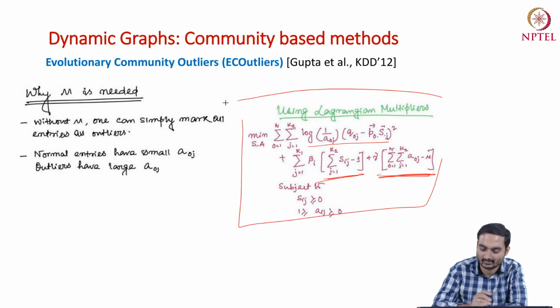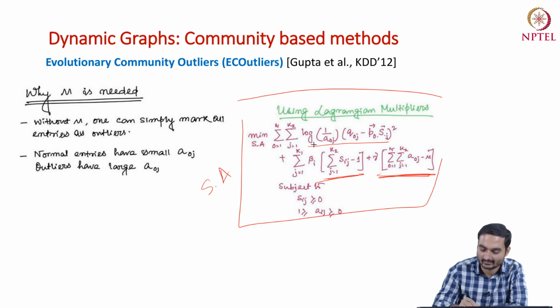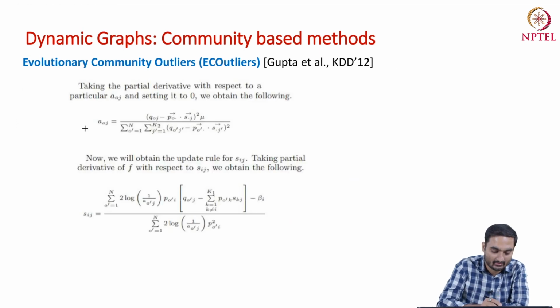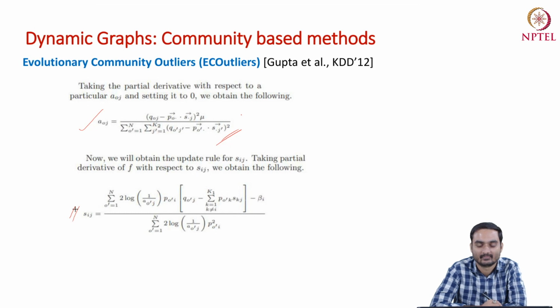We can minimize it with respect to S and A, simply using gradient descent type algorithms. So we take the partial derivative with respect to S, separately with respect to A. This would be the updation rule for A, and this would be the updation rule for S.